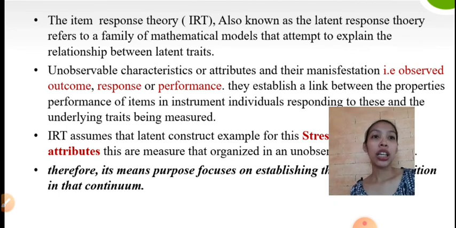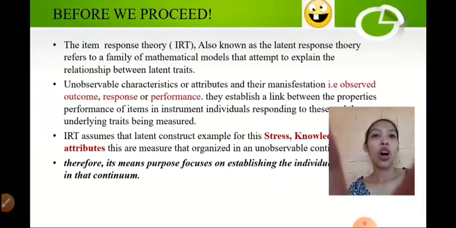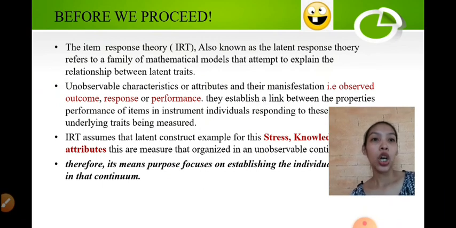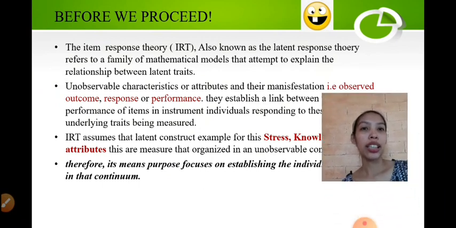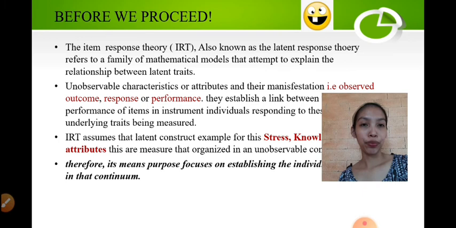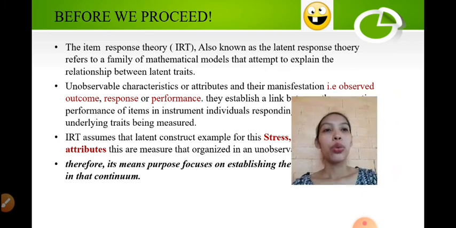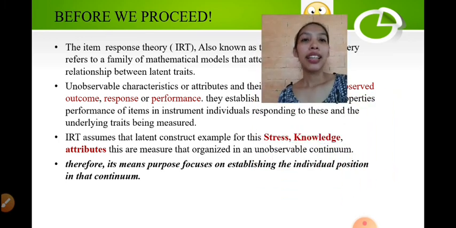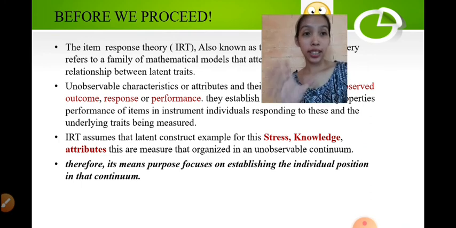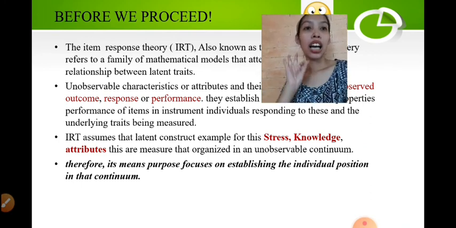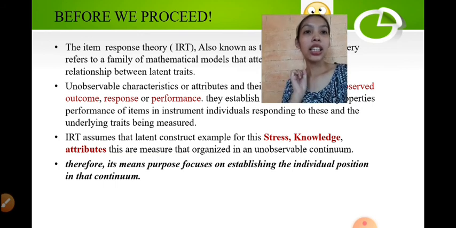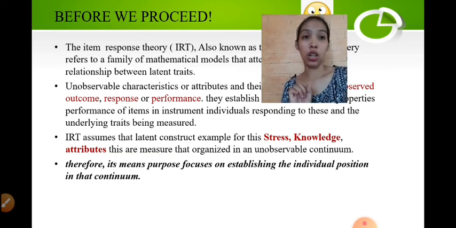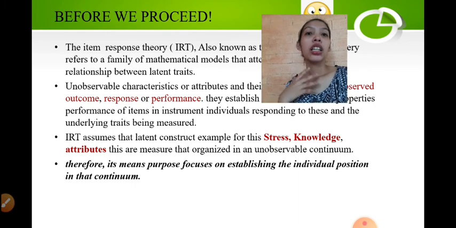They establish a link between the properties of the items on an instrument, the individuals responding to them, and the underlying traits being measured. IRT assumes that latent constructs, for example stress, knowledge, and attributes, are measures organized on an unobservable continuum. Therefore, it focuses on establishing the individual's position on that continuum.